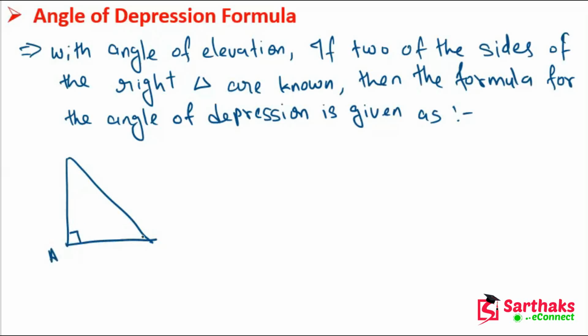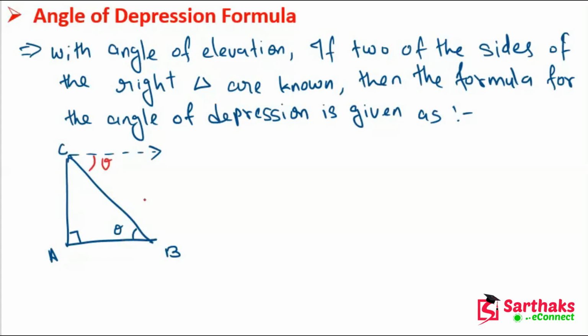This is A, this is B, and this is C. Okay, my dear friends, so now this is theta. This is our main angle of depression.